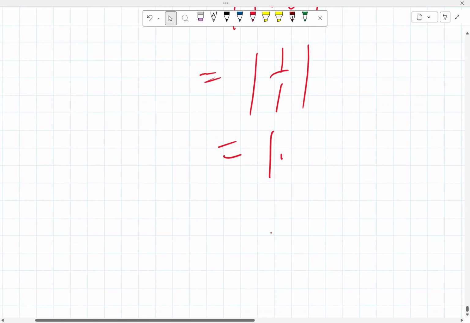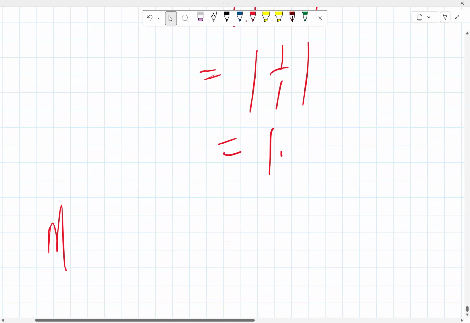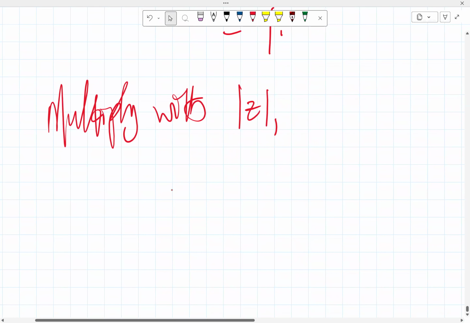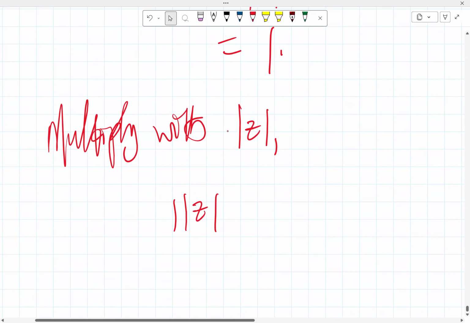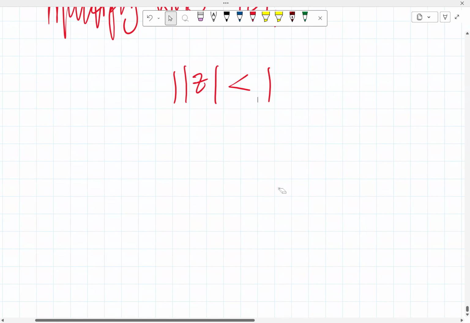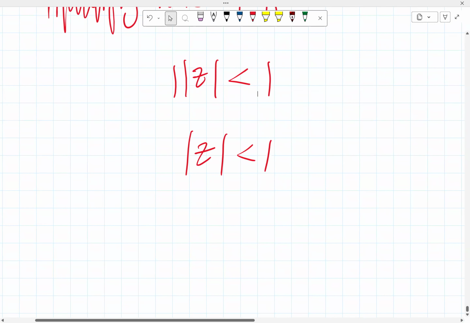Okay, so if you now multiply with the absolute value of z, so we have 1 times the absolute value of z. There's no n here again. And we need this to be less than 1. So that means the absolute value of z is less than 1.